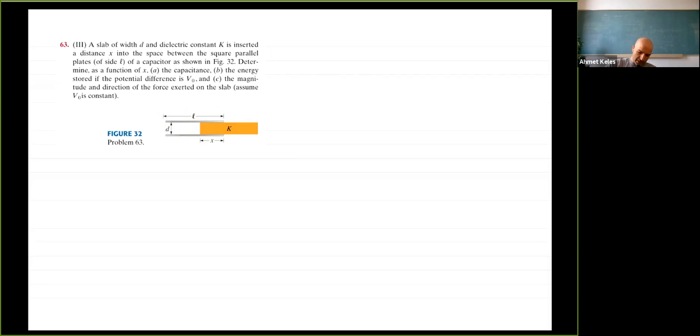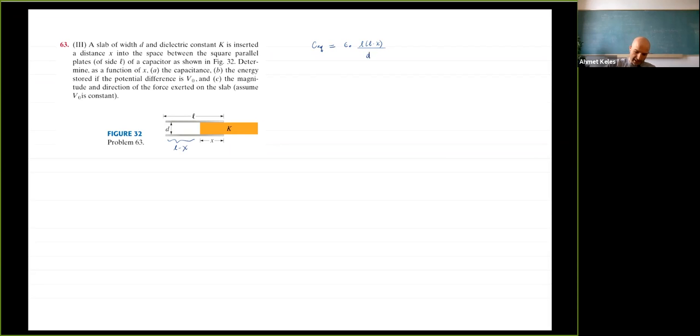So C equivalent, the first one is epsilon naught times area. If this is x, the other one is L minus x, and the other dimension is also L. So area is L times L minus x, and divide this thing by the distance d.